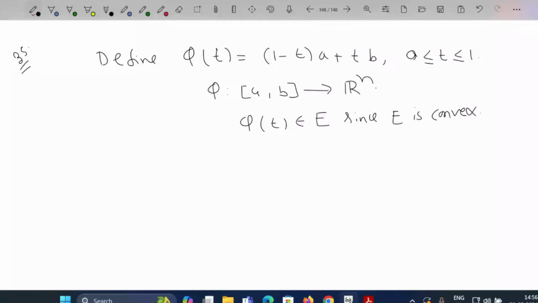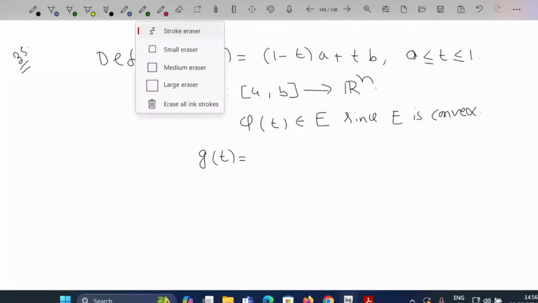Now define a new function. So let me define a function, and I will change the name because I want to use what we did before.